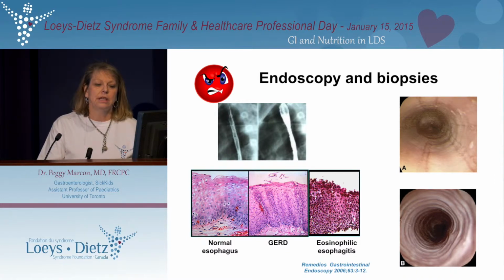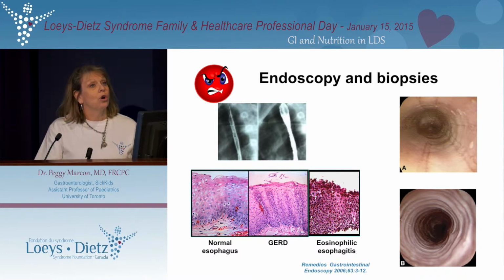And you'll also see these sort of white plaques, which, when you look under the microscope, are actually all those eosinophils that have come up to the surface of the esophagus. And sometimes you look down and it looks like it should be the airway, but actually we're not in the wrong spot. But this happens again in the esophagus.